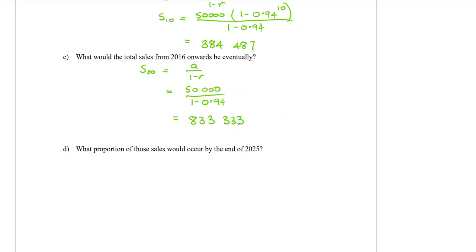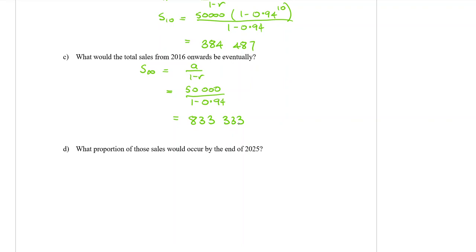D. What proportion of those sales would occur in 2025? 2025 was the term that we worked out in part A, was it? Yes. Actually, but it wasn't the term though. What proportion of the sales that would occur by the end of 2025? That means the sum up to 2025, which means we're actually going to look at B, because B was the sum.